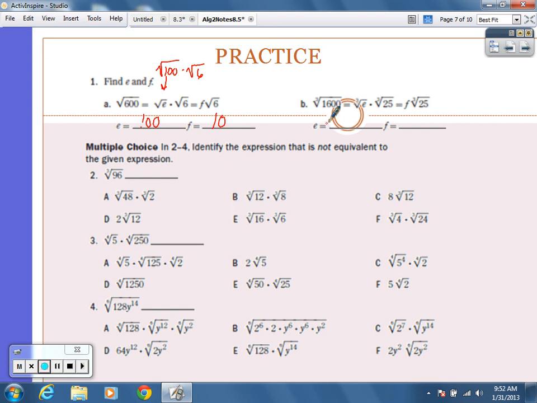Okay, the cube root of 1600. What am I going to change that to? Well, 1600 divided by 25 is 64. So they're changing it to the cube root of 64 times the cube root of 25. Why did they choose that factoring combination?